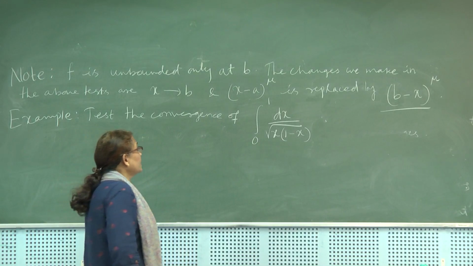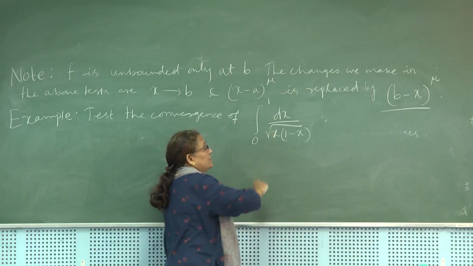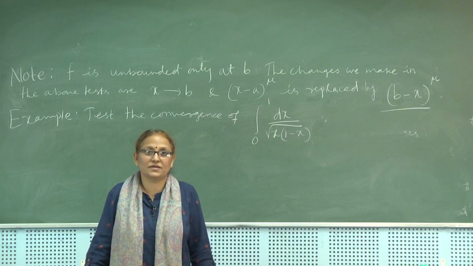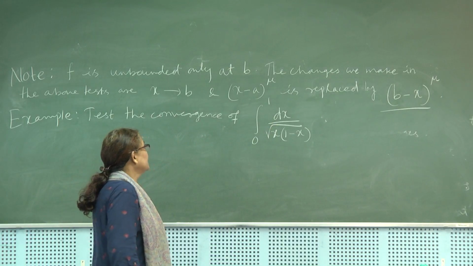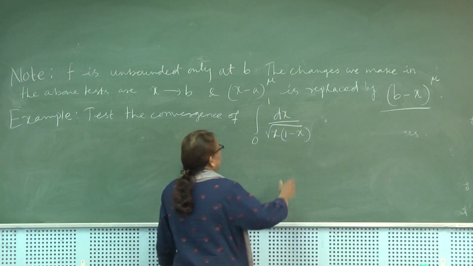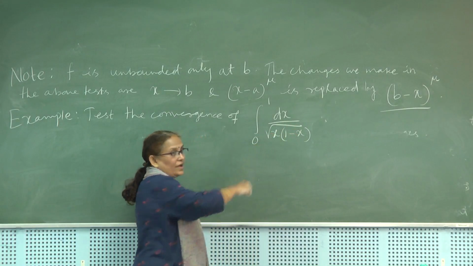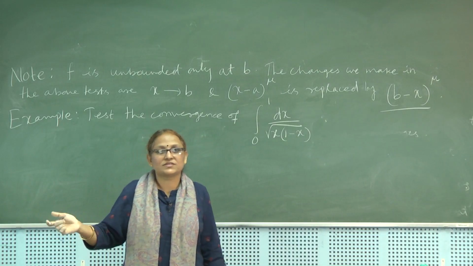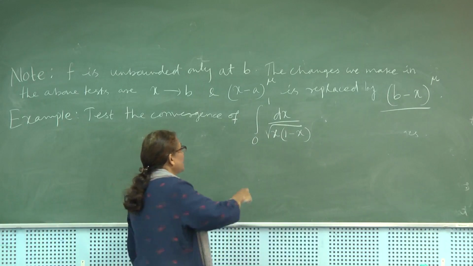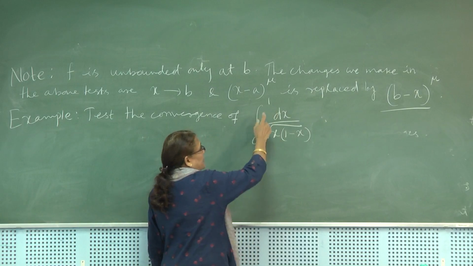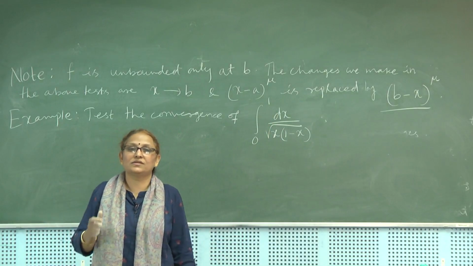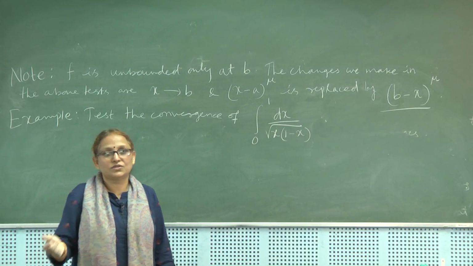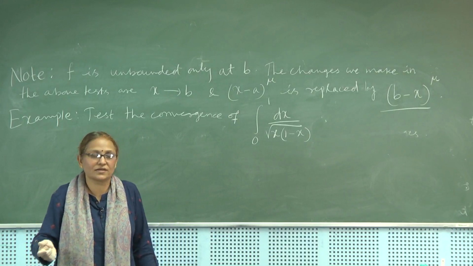Such improper integrals we break into two improper integrals, because the integrand is unbounded at both ends.